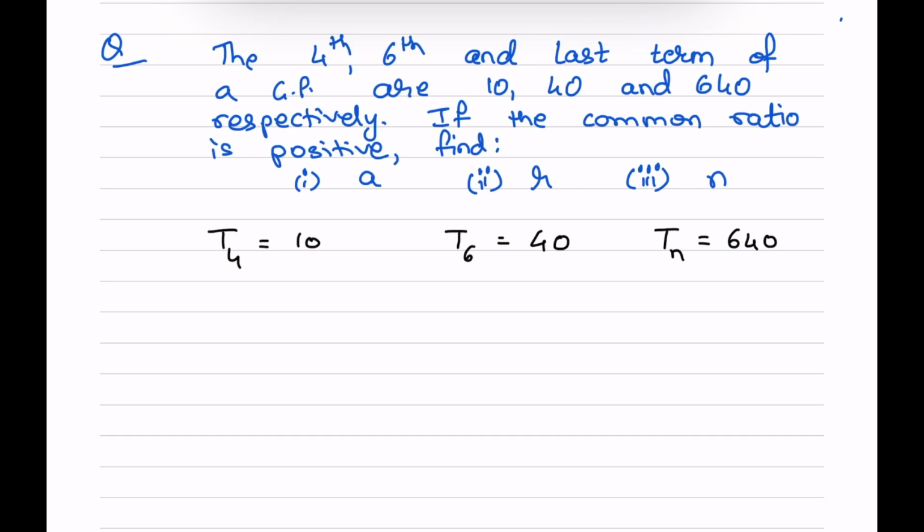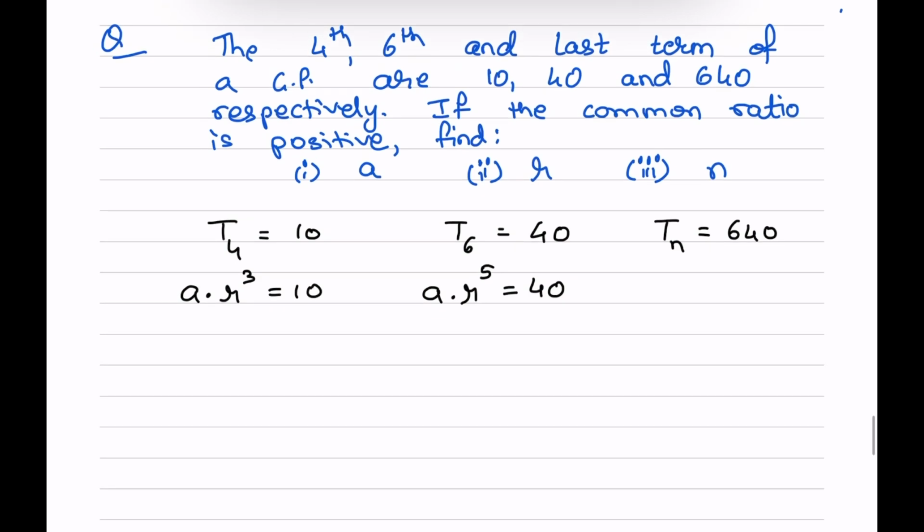So T4 is a times r raised to 3, which is given as 10, and T6, which is a times r raised to 5, is given as 40. So using these two equations with two variables a and r, we need to solve them simultaneously.